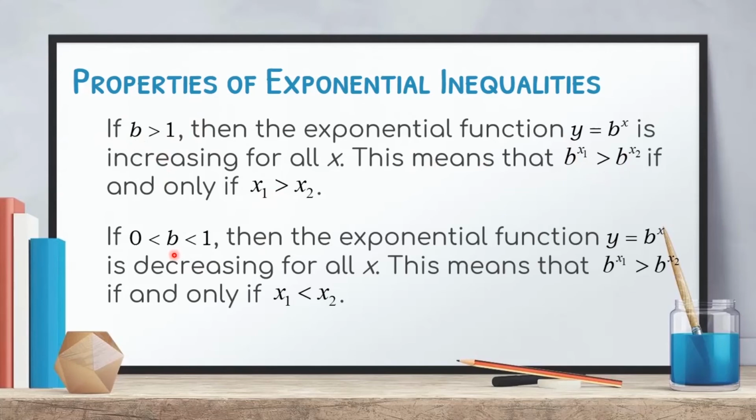But if the value of b is greater than 0 but less than 1, then if b raised to x sub 1 is greater than b raised to x sub 2, it means that x sub 1 will be less than x sub 2.